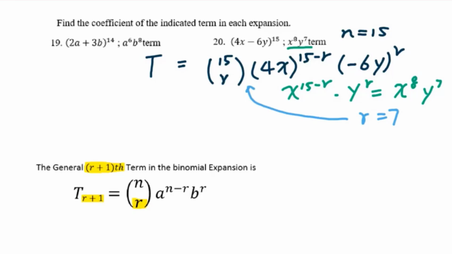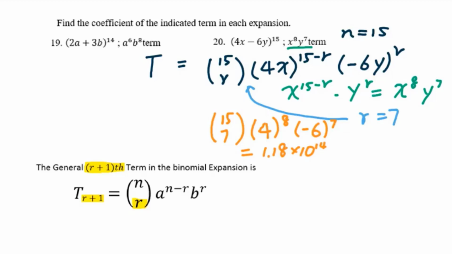You will get 15 choose 7. 4, we do 15 minus 7, that is 8. Then negative 6, do the 7th power. Then we put it into the calculator, you will get 1.18 times 10 to the 14th power.